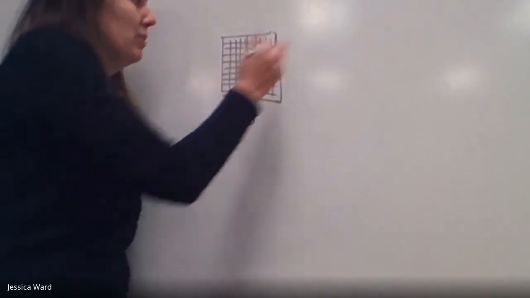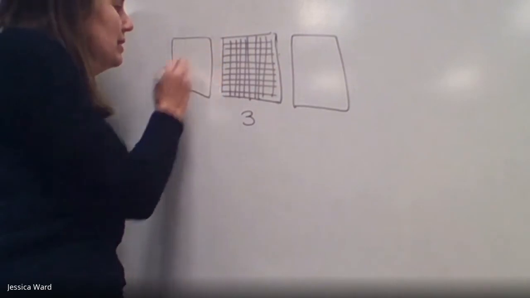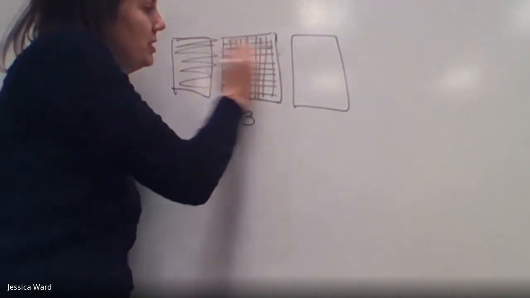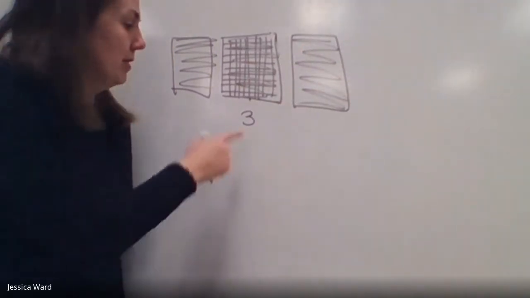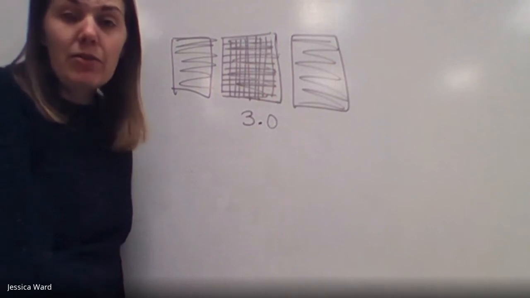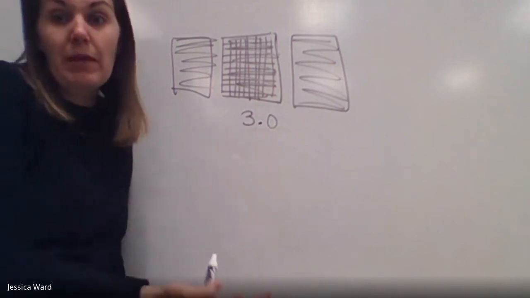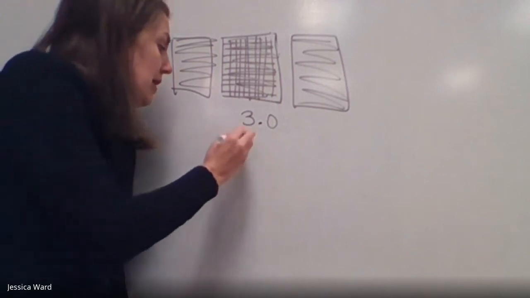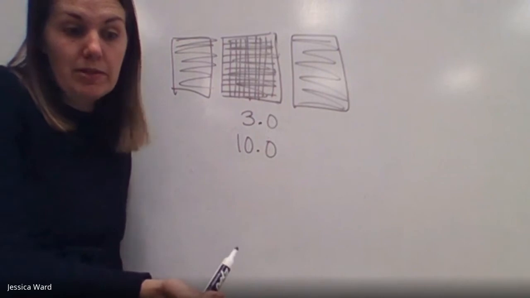So I would have 3 whole grids, and they would all be shaded in. Okay? So even if we add .0 to any number, it's still going to have the same value. So 3.0 is going to be like 3, and 10.0 is going to be like 10.